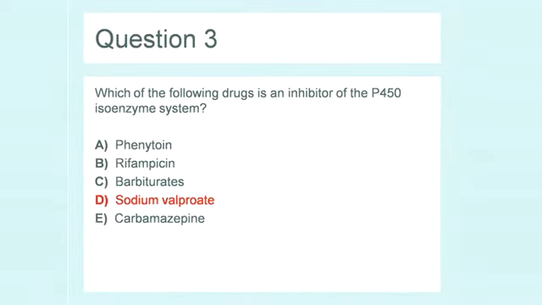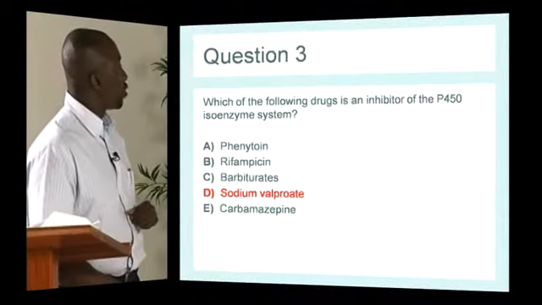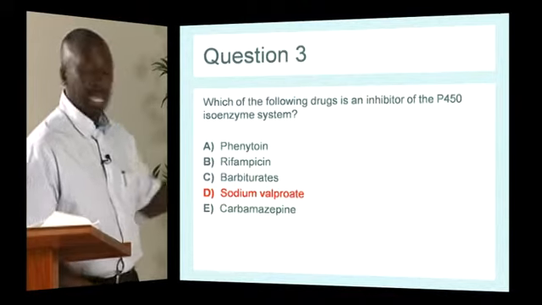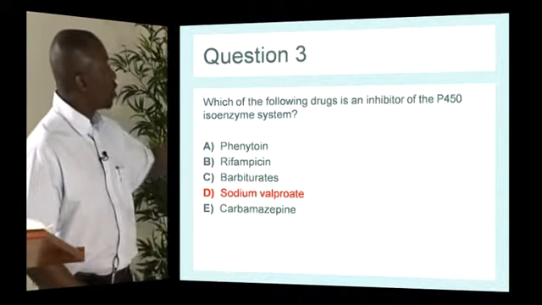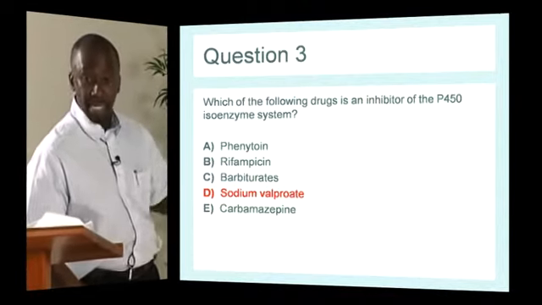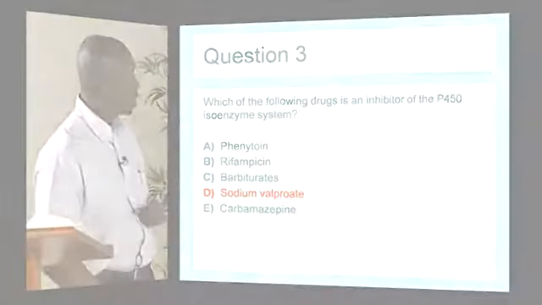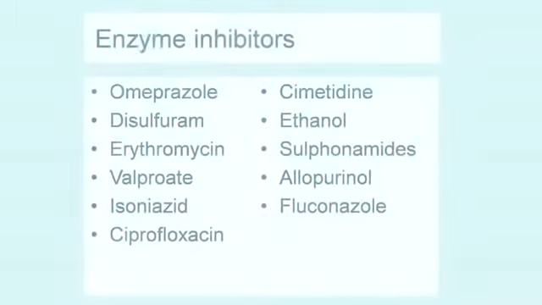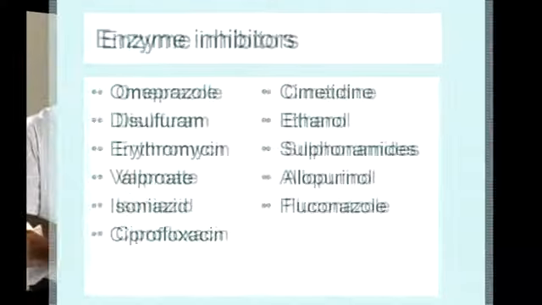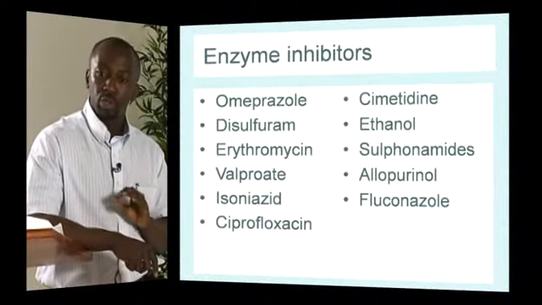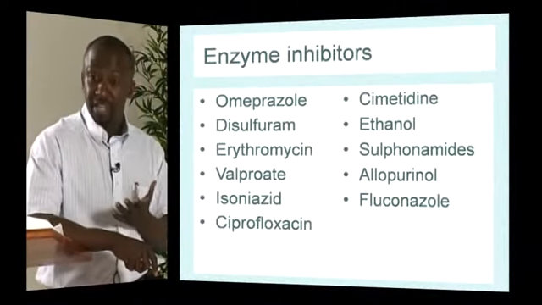And that's what the question is asking. Which drug is an inhibitor of the P450? And in this case, it's sodium valproate. Rifampicin, barbiturates, and carbamazepine I'm about to discuss in another question. But let's look at enzyme inhibitors. And for the exams, there's a nice simple mnemonic you can remember, which is O DEVICES.